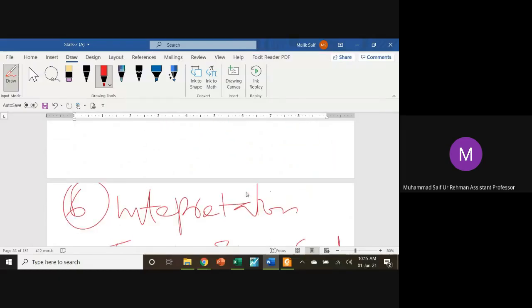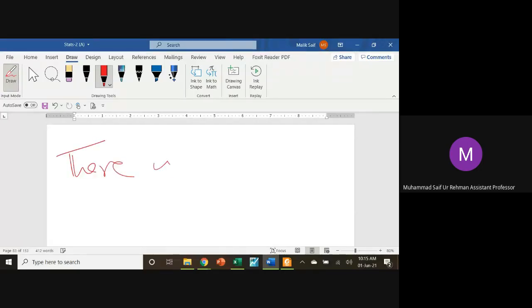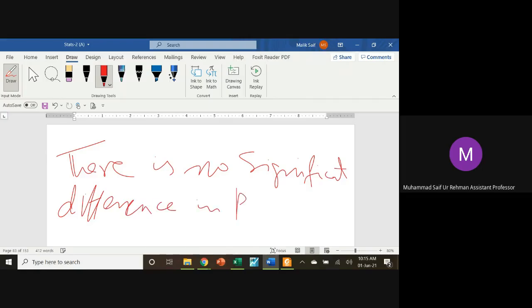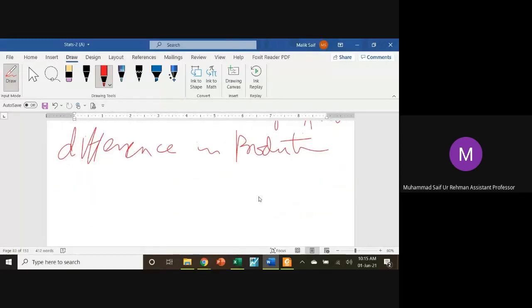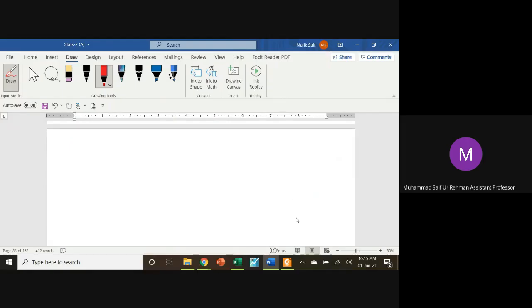Acceptance of this means there is no significant difference in production between employees. Understand? So this is the interpretation of the results.